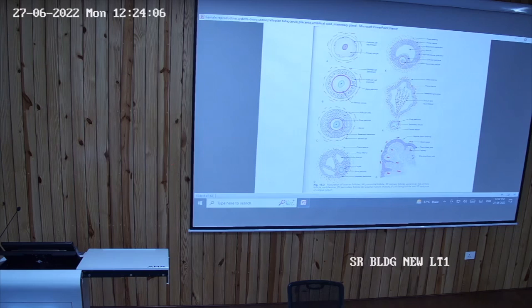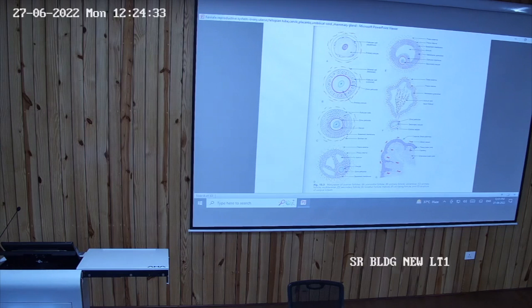Diagram. I am telling you about this. What is this? Stromal cell. This stromal cell is again dividing into two parts, theca interna and theca externa. Theca interna gives rise to the development of luteal cells, and theca externa is forming the capsule that I have shown you in the last diagram.